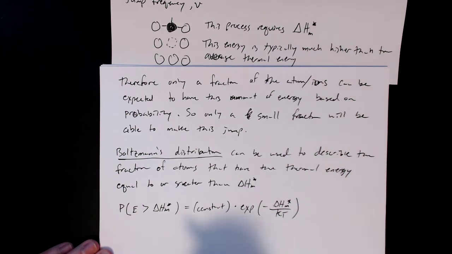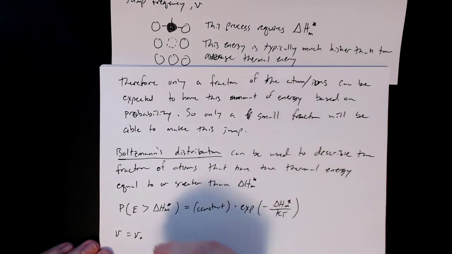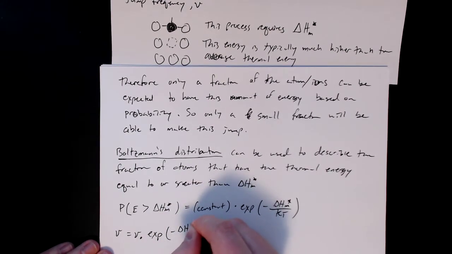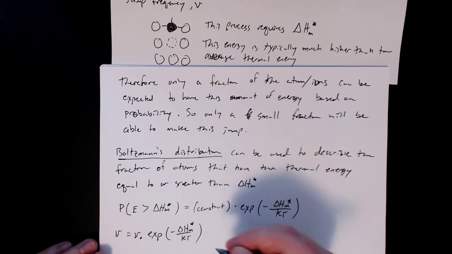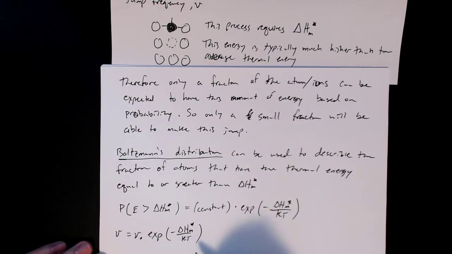So we can now write our probability, or our frequency that's going to happen, nu, as equal to nu naught times the exponential form that we see, negative delta H m star over kT. And so this is our probability or frequency, right? We can think of this in either form, of it having the energy to make that jump based on this number.